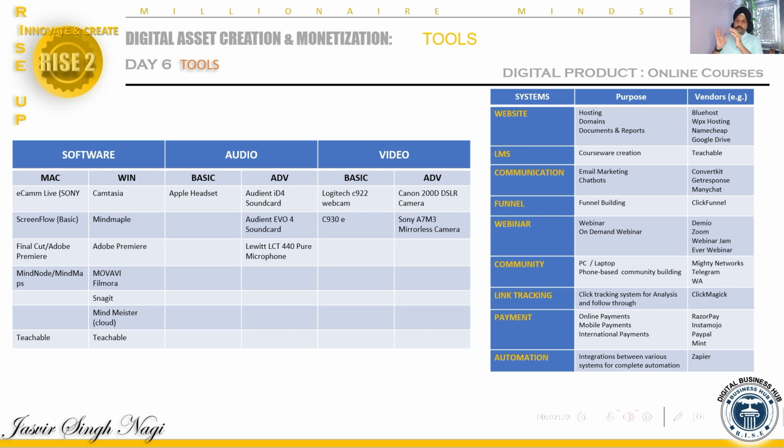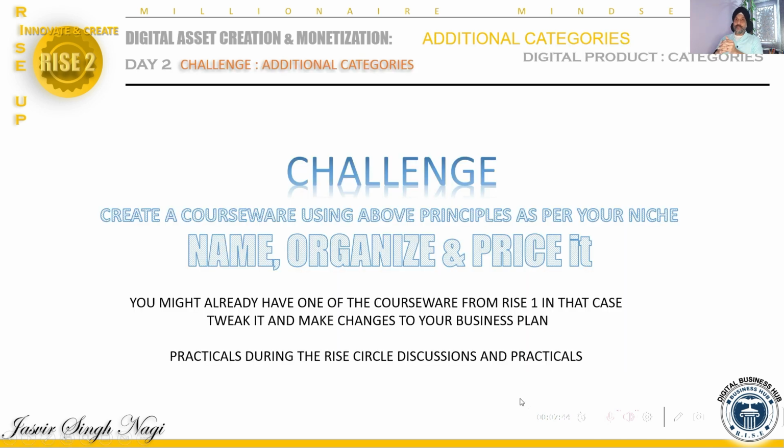For uploading, that's Teachable, and for your webinar it's either Demio or Zoom Webinar or Jam, and then you can use Zoom as well. And for making your funnels, you can start with ConvertKit and get to ClickFunnels. That brings you to the end of the tools.